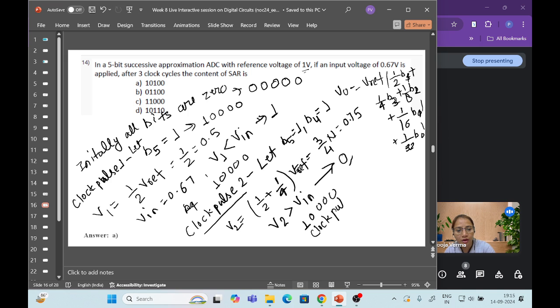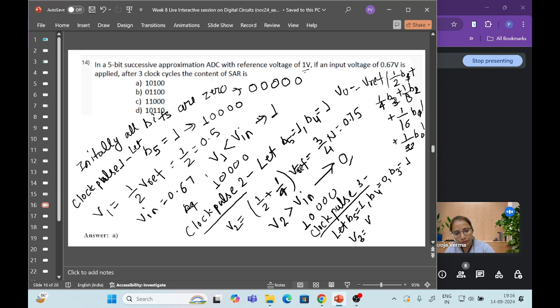So clock pulse 3. Now already we know that V5 is equal to 1, V4 is equal to 0. Now let's take an assumption for V3. Let V3 be 1, that is, the third bit is 1. So now find out what will be the voltage of that corresponding input.